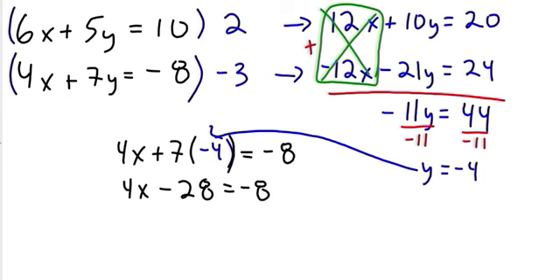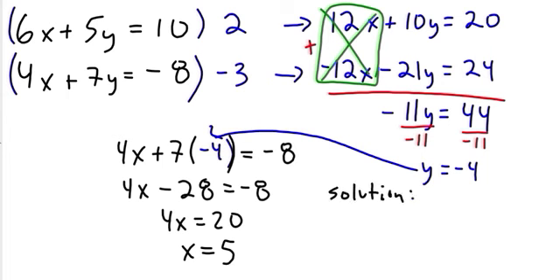If I add 28 to both sides, I'm going to get that 4x equals 20, which means x is 5. So there's my final solution. So either x equals 5, y equals negative 4, or we can write it as that ordered pair 5, comma, negative 4. All right, so there you go.